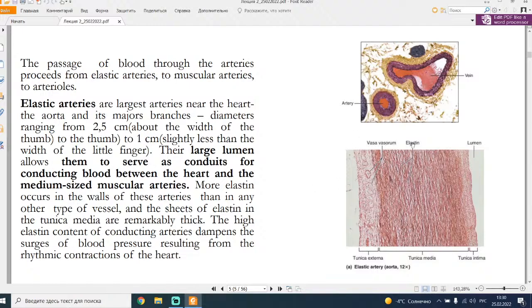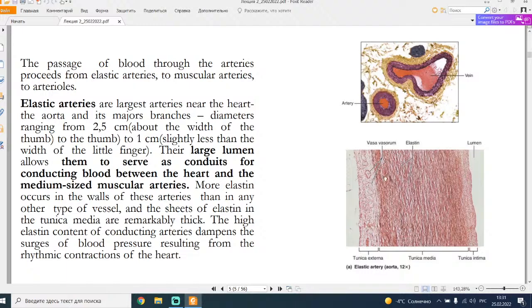Their large lumen allows them to serve as conduits for conducting blood between the heart and the medium-sized muscular arteries.